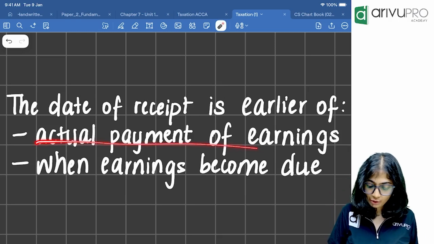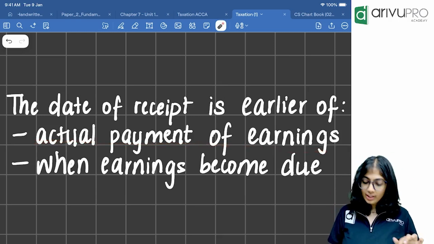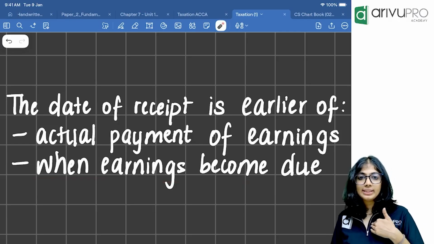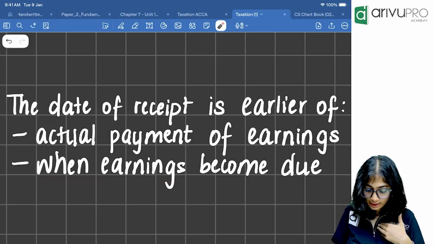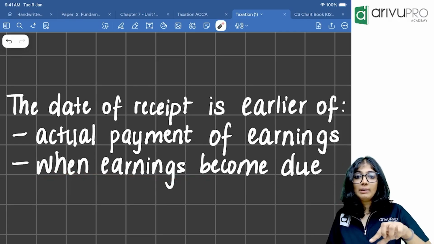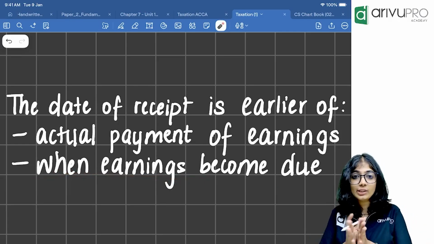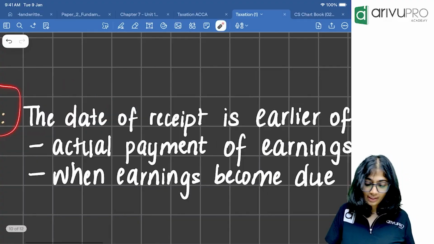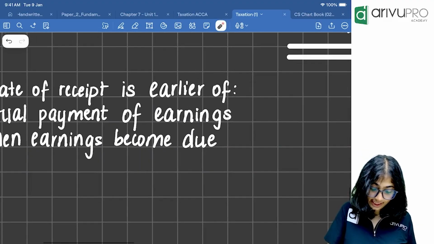Actual payment of earnings, or when you become entitled to receive, that is when earnings become due, when you have to receive the salary but maybe due to some delay you did not receive it. So when you're assessing salary, it is important you keep in mind the date.